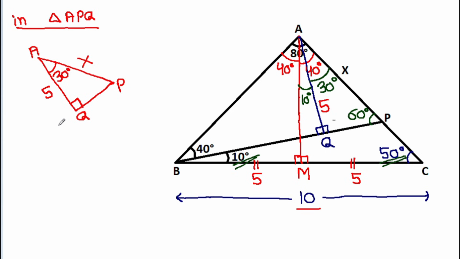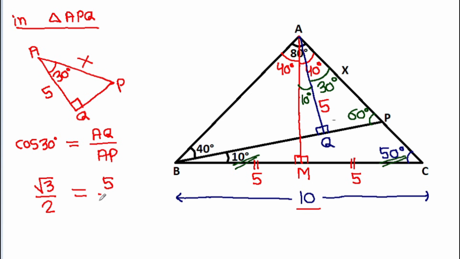AP is X. So cos 30 degrees, it will be AQ over AP, and cos 30 degrees is root 3 divided by 2, and AQ is 5, AP is X. So X, it will be 5 times 2 divided by root 3, that will be 10 divided by root 3.